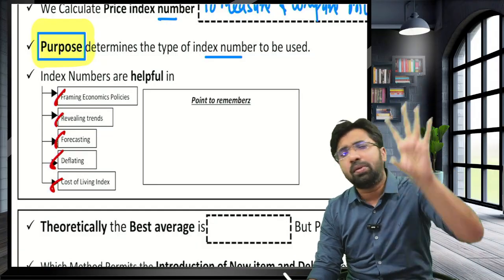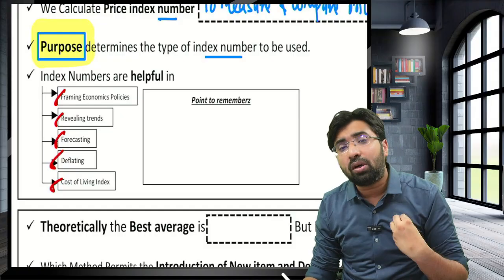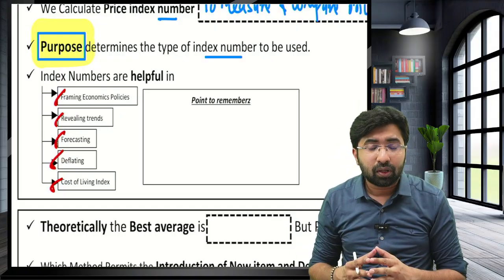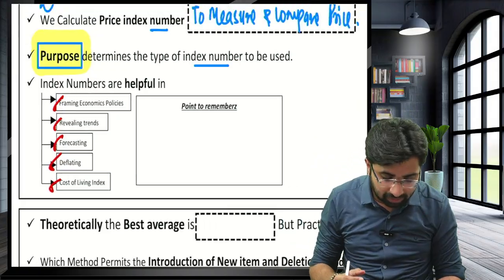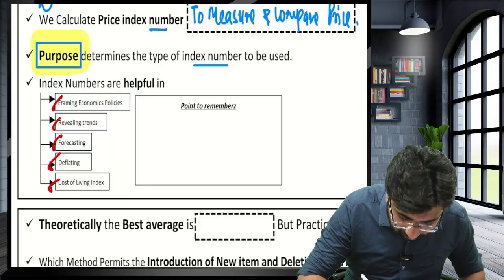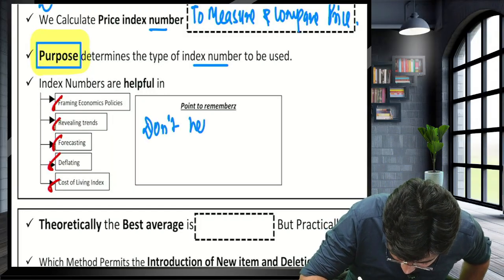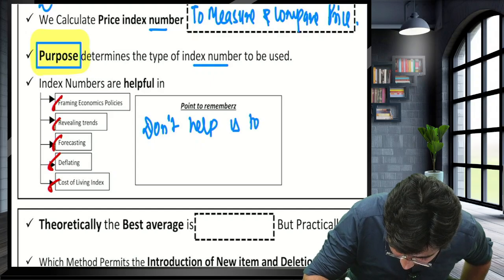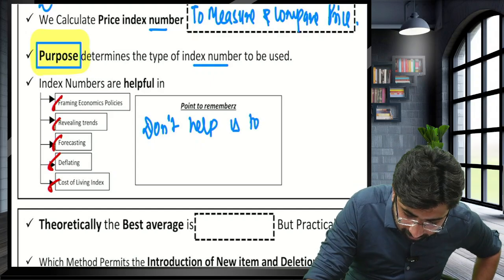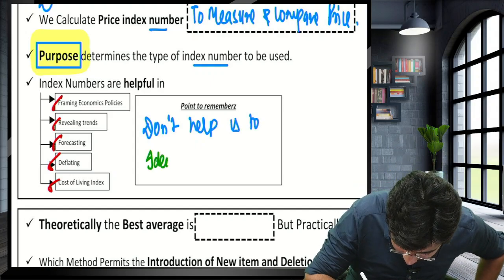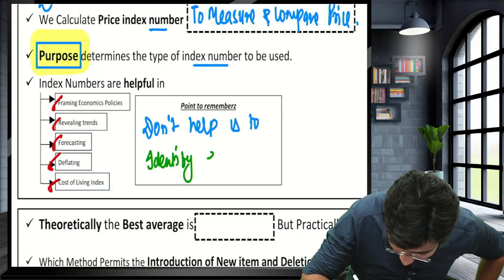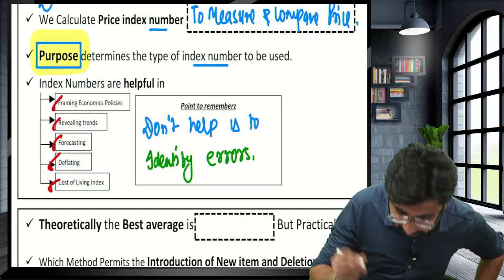Index numbers have so many uses, but they do not help us to identify errors. So write down: index numbers don't help us to identify errors.